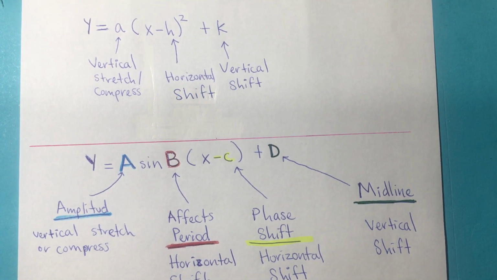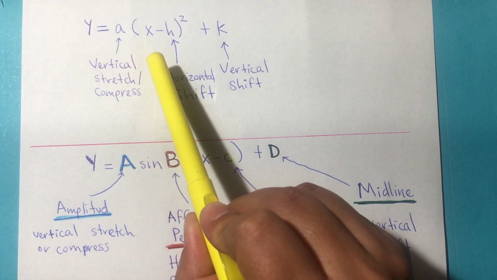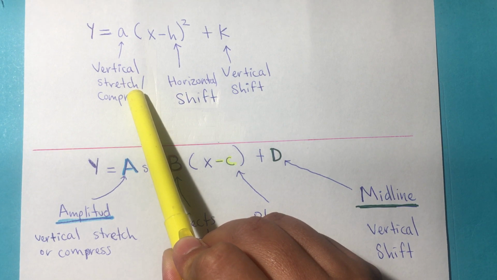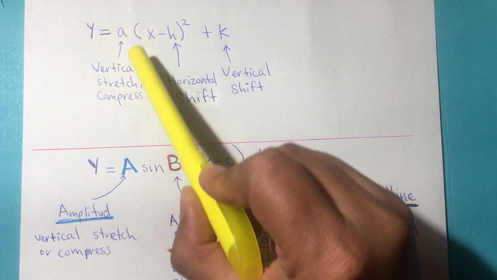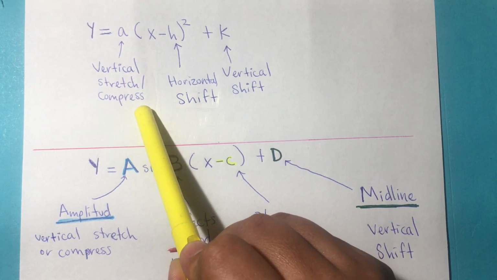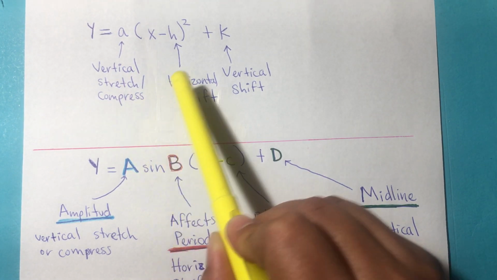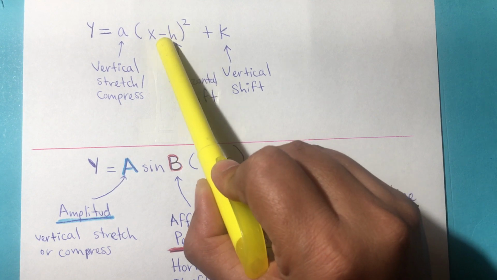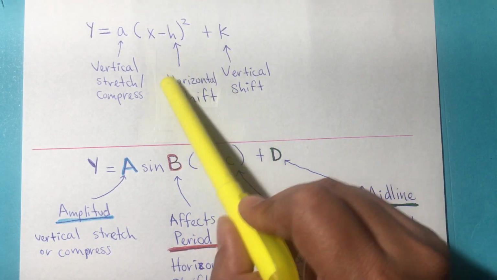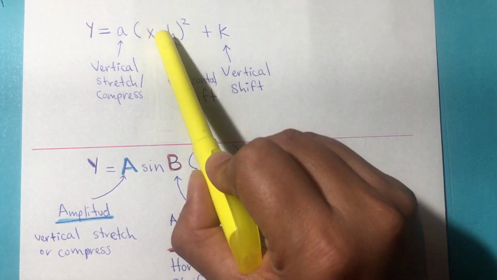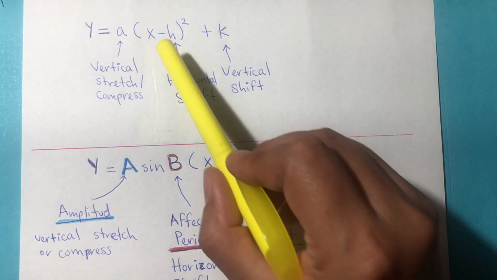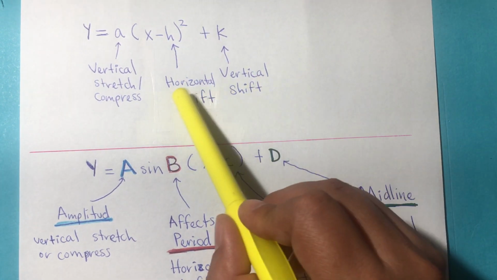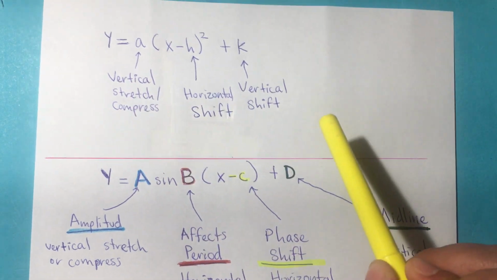If you recall, in Math 2, we learned that when we have transformations, the whole number outside makes a vertical stretch or compression. The minus h will be a horizontal shift, and it's minus because it always goes to the opposite on x, and that's why it's horizontal, because x is horizontal.